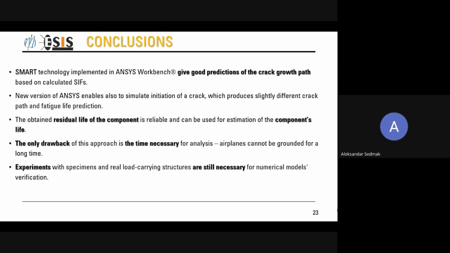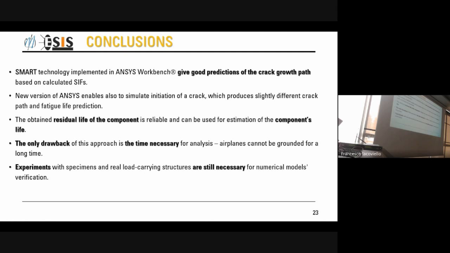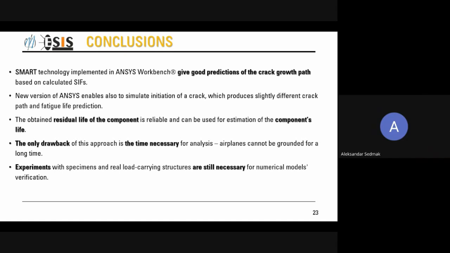So nothing is ideal in this world. There could be a big problem: this approach needs a lot of time. We were faced with that in the case of this high temperature and pressure casing.